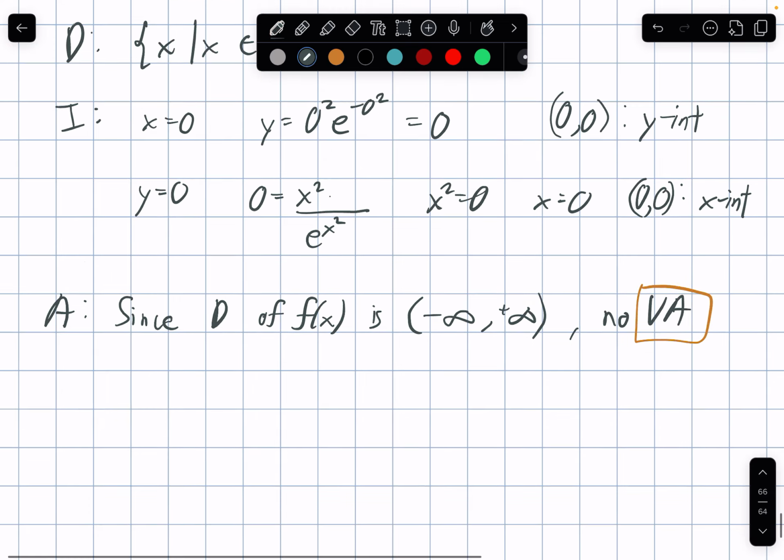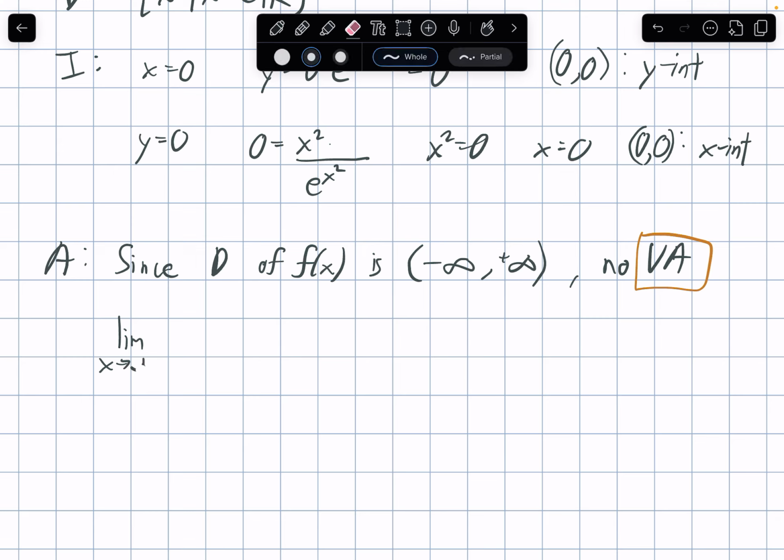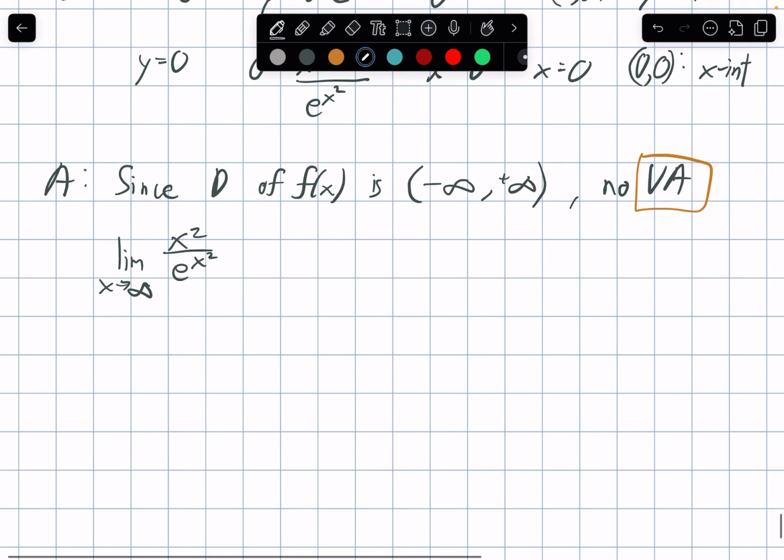So that's the condition for the absence of a vertical asymptote. To find the horizontal asymptote, so limit as x approaches infinity always, and then we just copy the function. So essentially, the horizontal asymptote is the limit of the function as x approaches infinity. That's why we write this down.